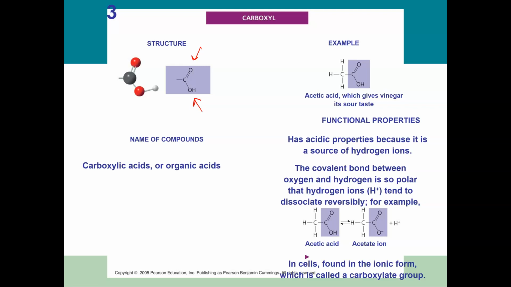So the ball and stick type of structure shown over here, you can see that we have a carbon, we have an oxygen, which is double bonded, and we have another oxygen over here, and we have a hydrogen right here. The covalent bonds, again, are shown by the sticks, or they're written in shorthand as in the purple box.